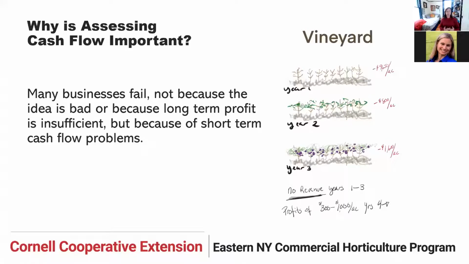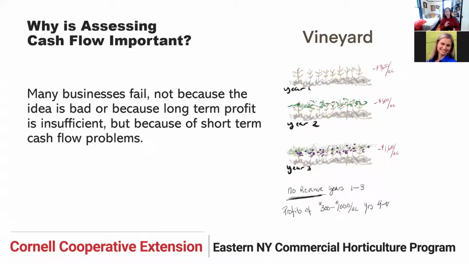Cash flow is one of the primary reasons why small businesses fail. Cash flow is a real problem for new businesses and small businesses because they often have trouble accessing affordable credit, and they may not have access to equity investments or savings that would get them through a period where they don't have income coming in.